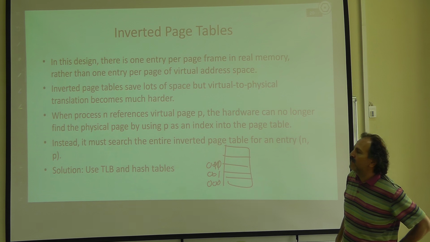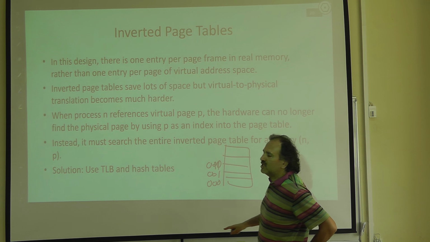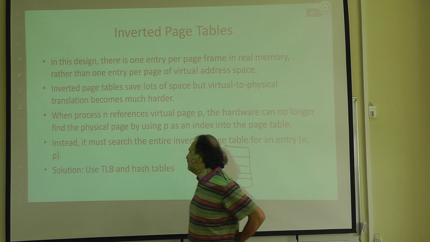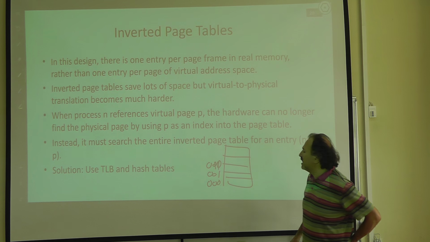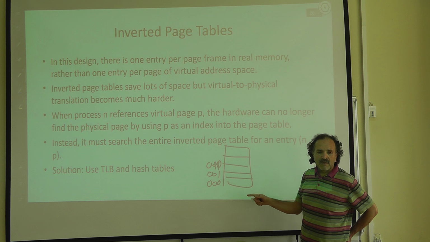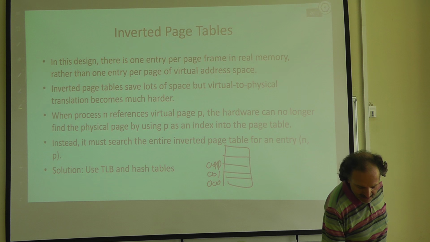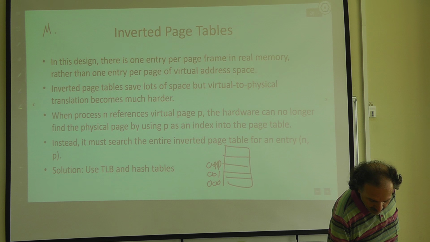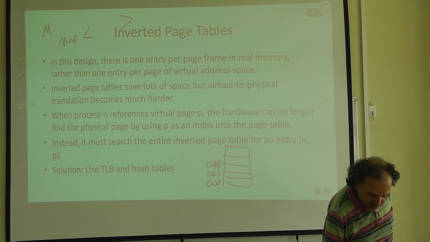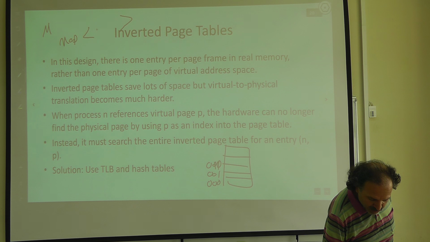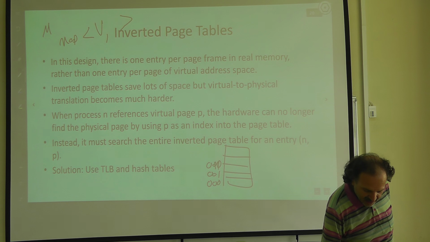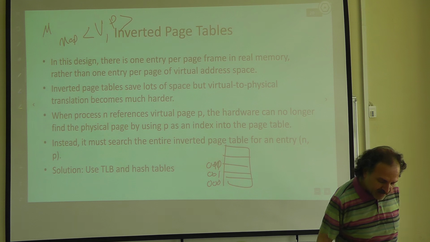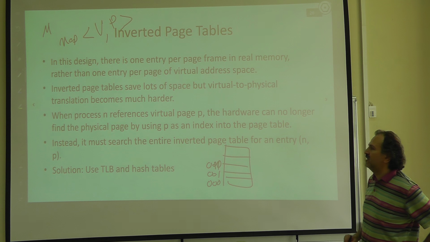The solution is maybe we can use an associative memory, like the cache, TLB, and hash tables. For the hash tables, remember, hash tables implement maps, like Java maps. Inside the map, this would be my virtual offset, and this would be P, the physical page frame address.